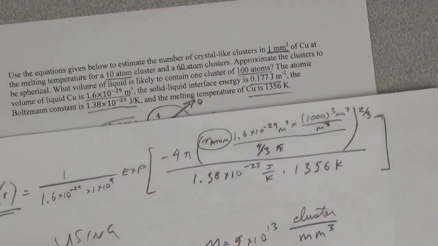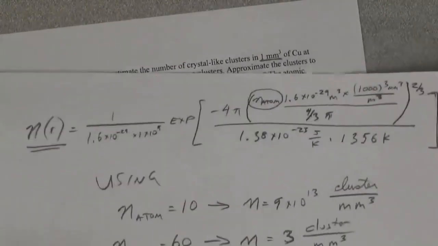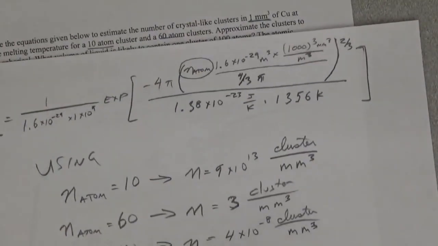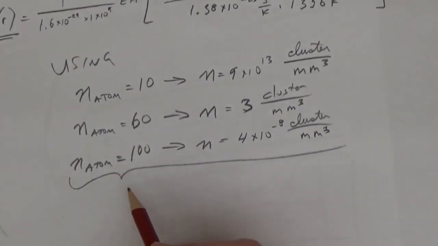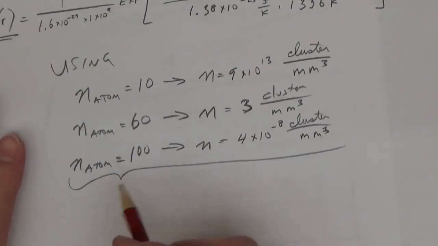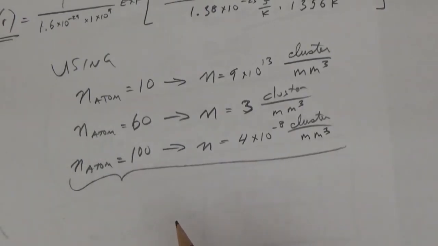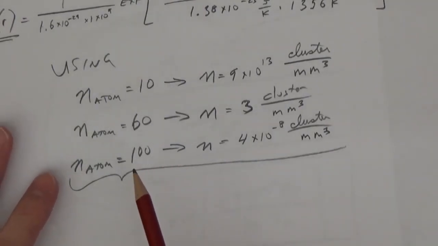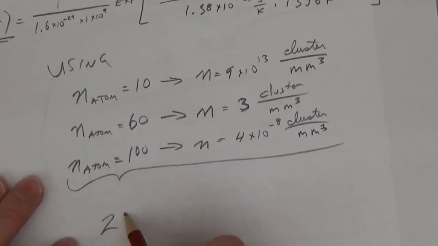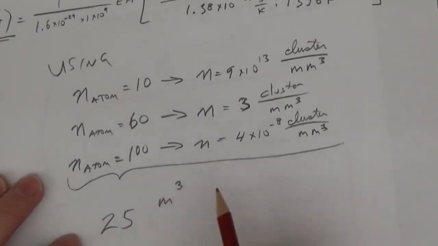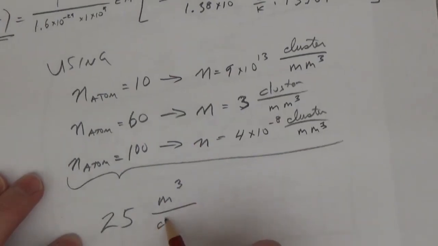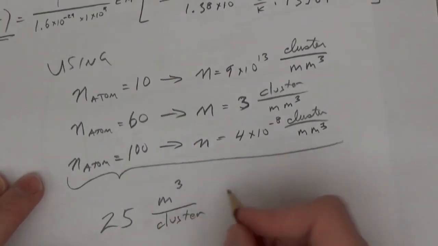And the way the problem was worded is asking for the volume of liquid likely to contain one cluster. So for this last part, n atom equals 100, we can rewrite that as 25 cubic meters per cluster.